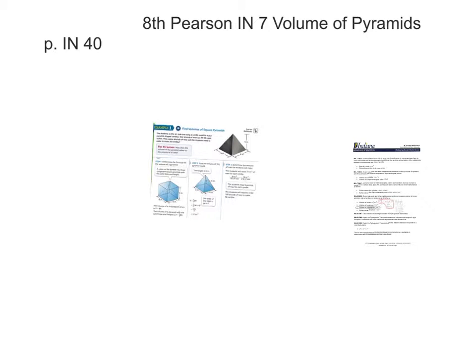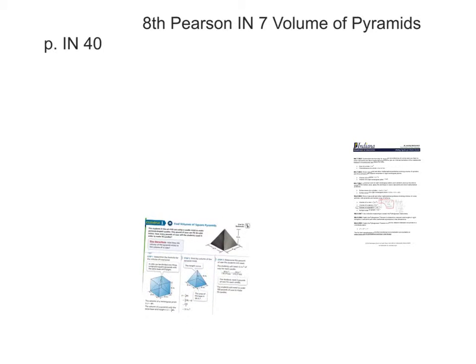So last year, really the last couple years, you did some stuff where you found the volume of a rectangular prism. And you may or may not remember, volume of a rectangular prism was length times width times height.